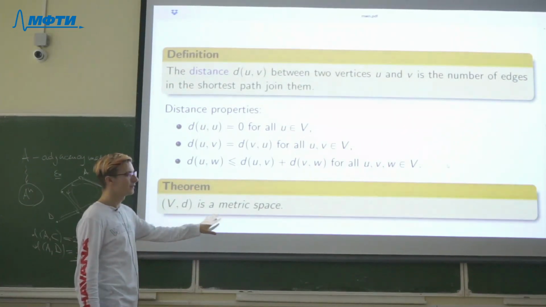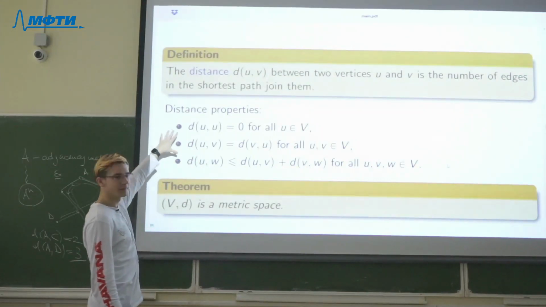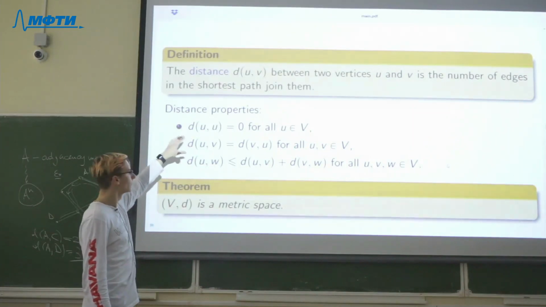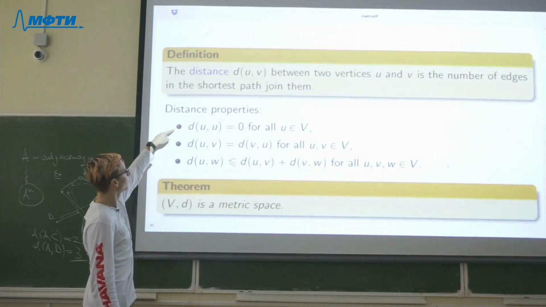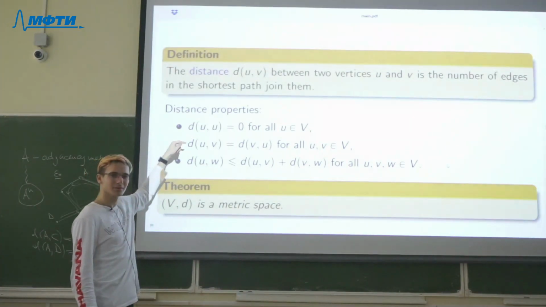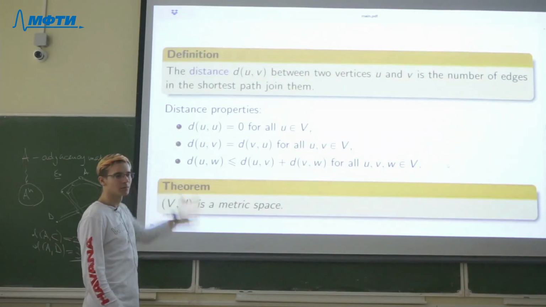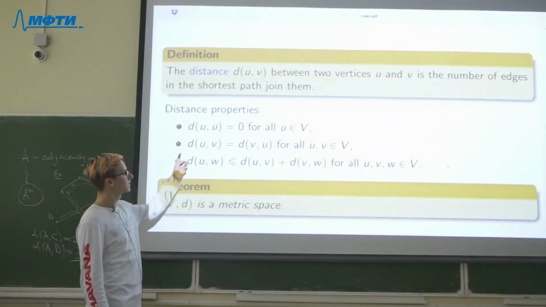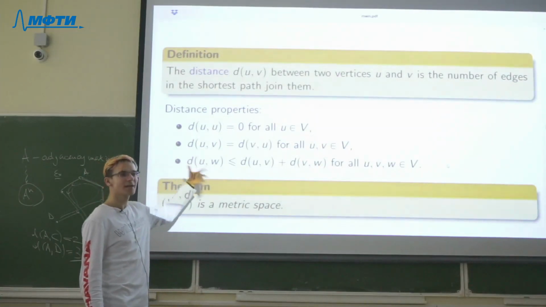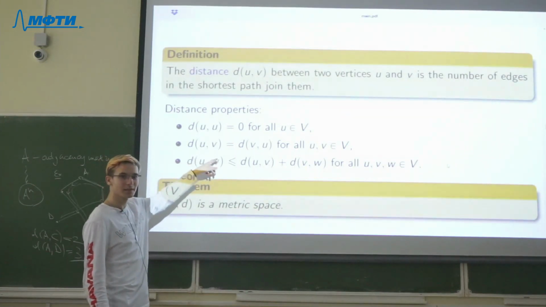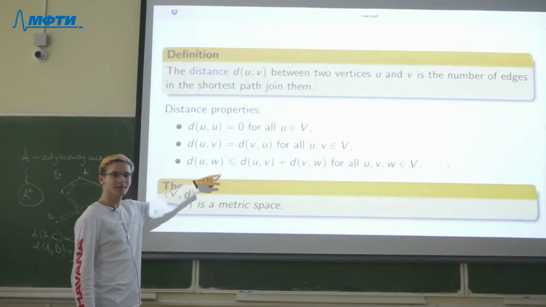So this theorem is equal that these three properties are true. Do you understand why first and second properties are true? Because same point. Second one is because the graph is undirected. And the third?